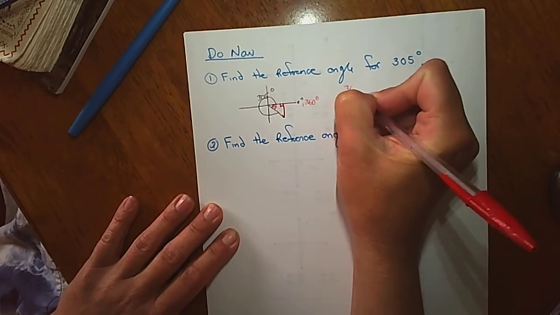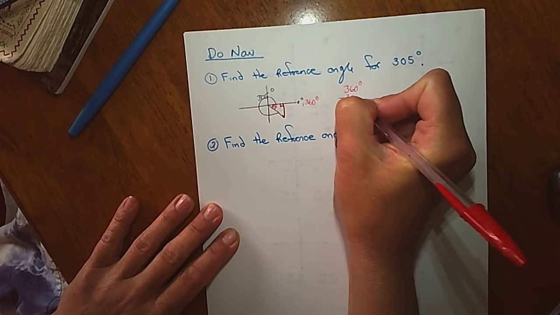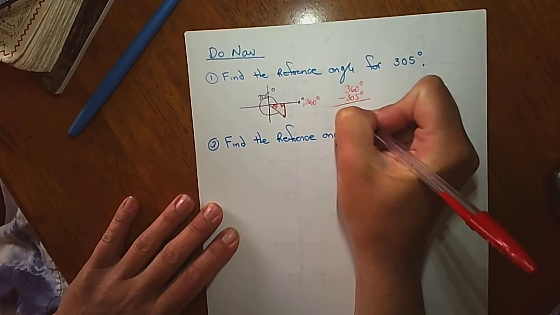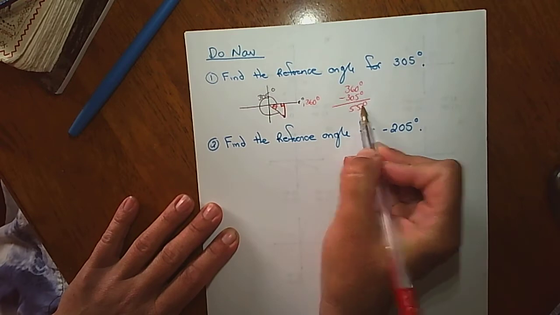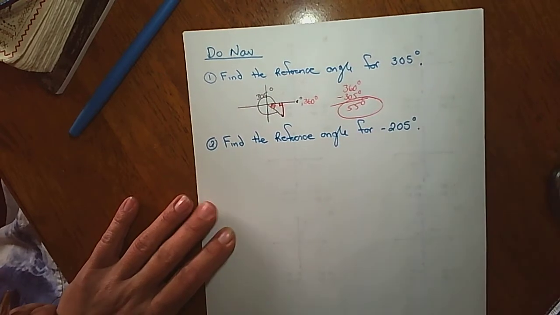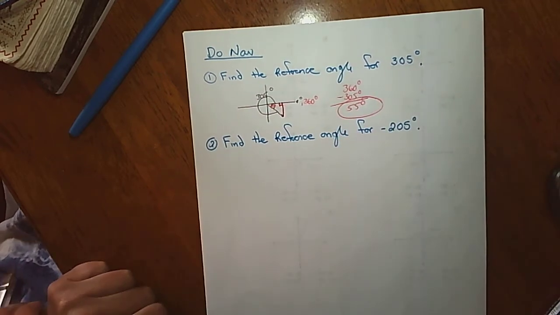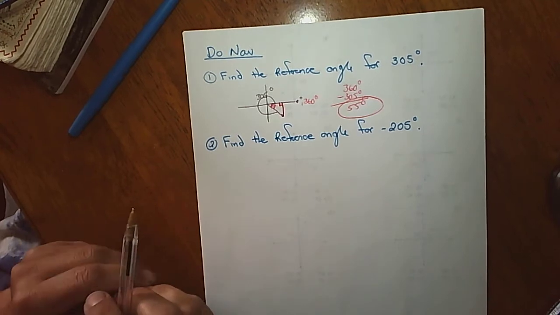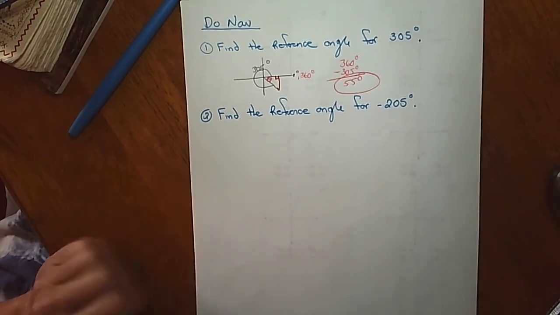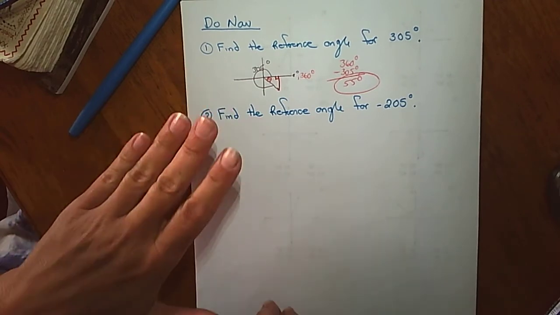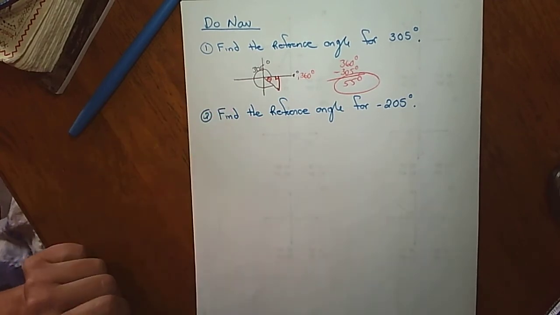So I'm going to do 360 minus 305. And that means this little bitty sliver of an angle is 55 degrees. And that's the reference angle. So if you didn't get that correct, although a lot of you did a really nice job in the homework, so I feel like you do understand this, but if you messed that one up, pause me again and give this one a try.